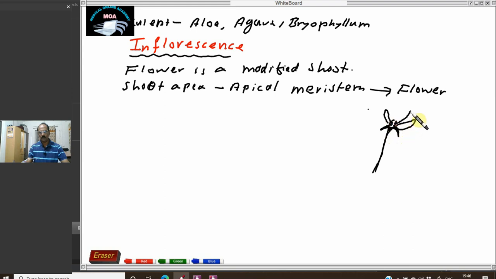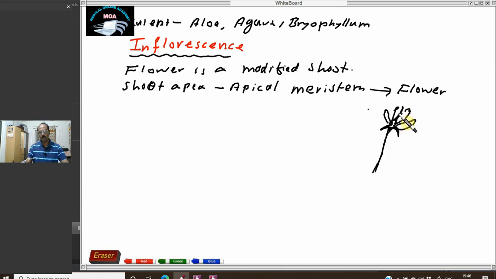The next node produces the androecium, and the next node produces the gynoecium. Each and every node produces a leaf, but the leaf is not like a leaf. It is changed into a structure performing a different function. So that is the calyx, corolla, androecium, and gynoecium. From one node the calyx is produced, from another node the corolla is produced, and from the third node the androecium is produced.